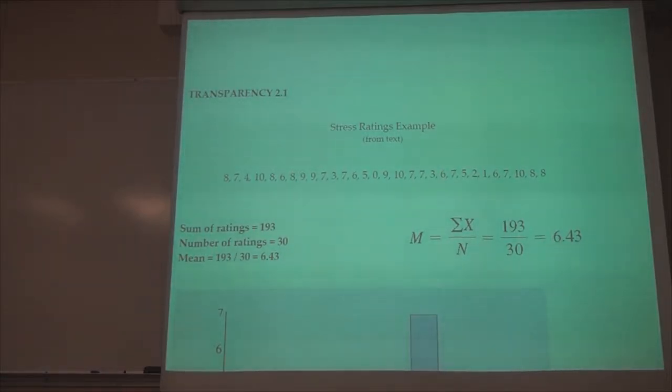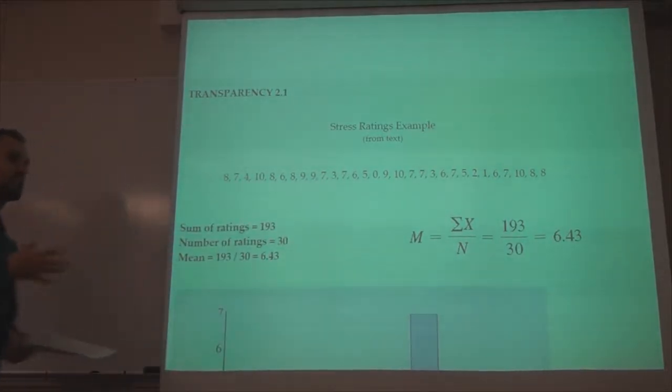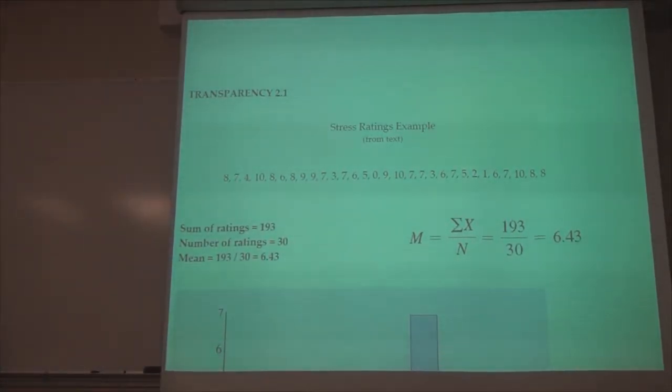So the average stress rating in this example was 6.43. We can use that average to describe the typical value that balances between higher values and lower values. What is the average stress rating that I got?